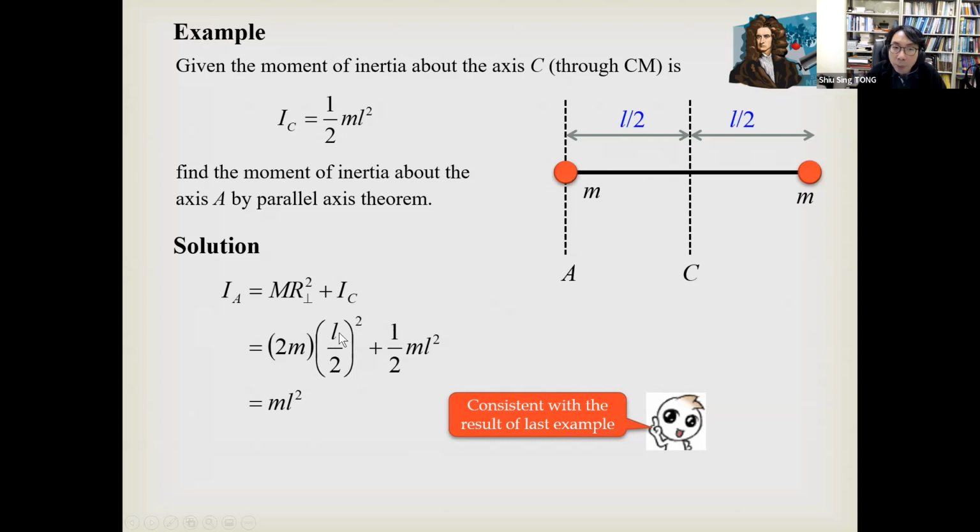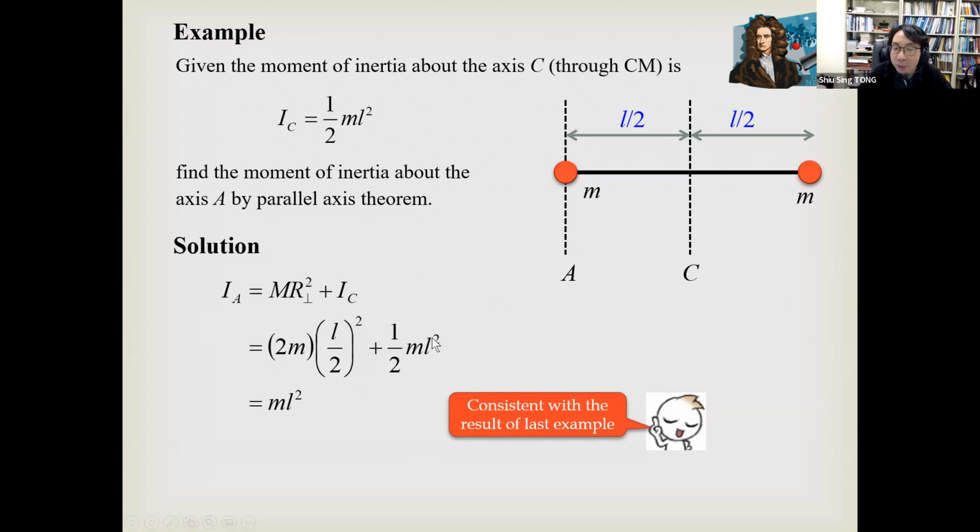So the capital R becomes L/2 squared. Now you should be careful that the M here refers to the mass of the system, not just the mass of one of these, right? So the total mass of the system is 2m. So it's 2m multiplied by (L/2) squared.